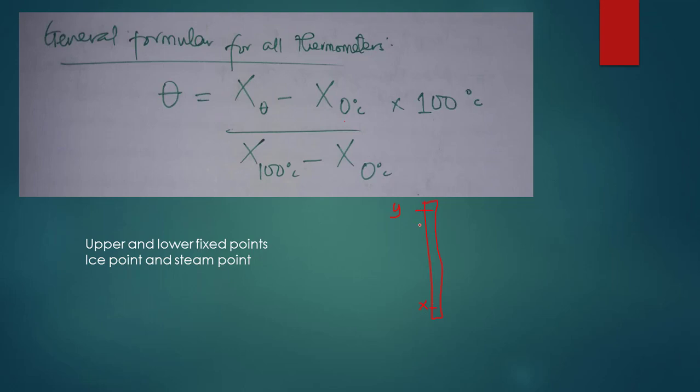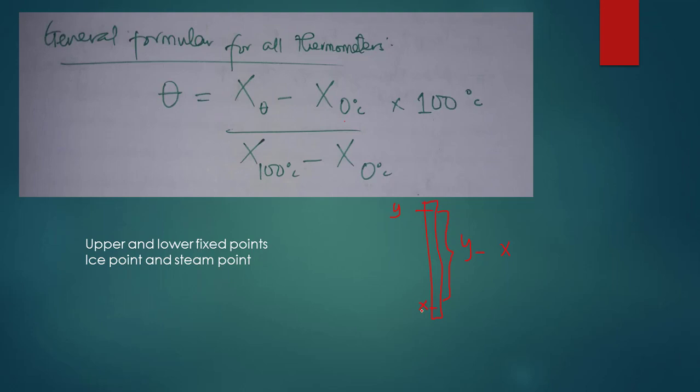So the total here ni sawa na y minus x. So kama hii ni 5, hii ni 0, we know 5 minus 0, tunajua hapa kutoka hapa mpaka hapa ni 5. Nimesema y minus x kwa sababu x can be any value.